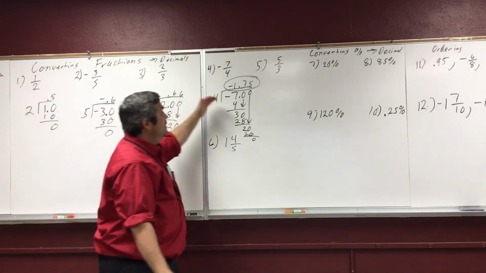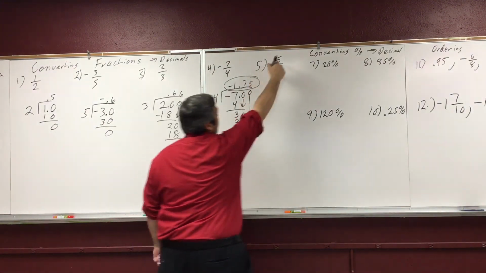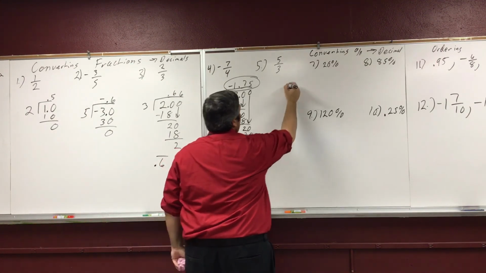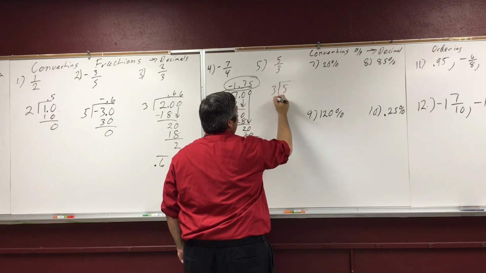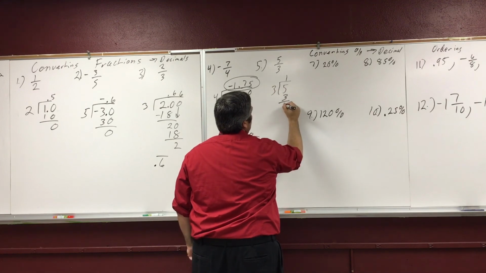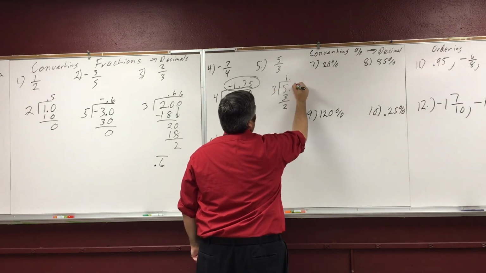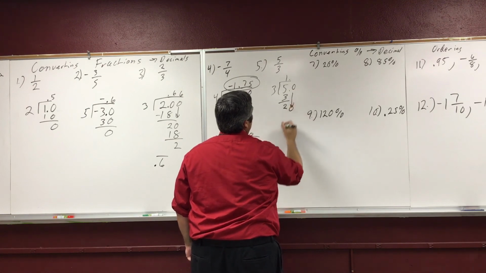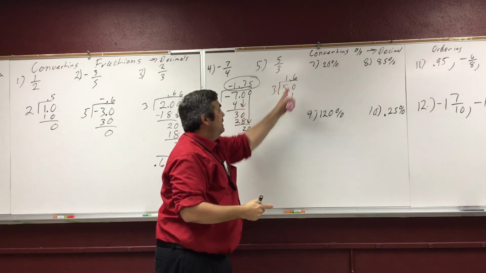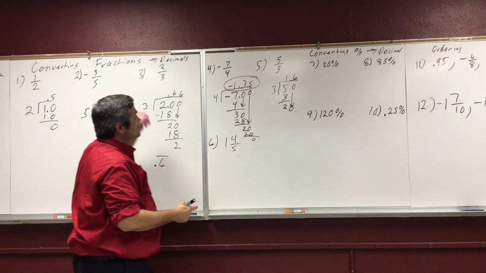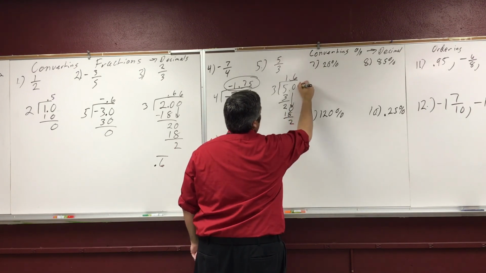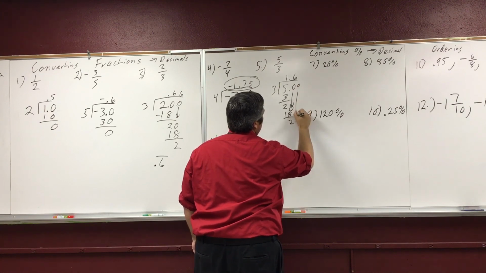All right, and we just keep doing the same thing, right? 5 divided by 3, and all we're doing is converting fractions to decimals. It's just division. 5 divided by 3, 3 goes into 5 one time, 3, get 2 remainder, point, 0, bring down your 0, 3 into 20, 6, and now we know that this is going to be repeating because we just did this problem a second ago. 3 into 6, 18, get a 2, 0, you're still going to get 20 here.